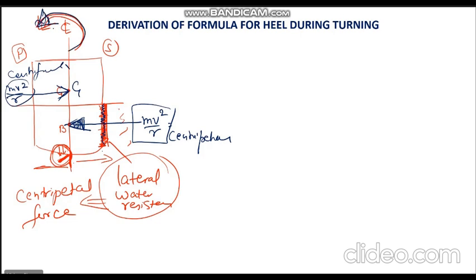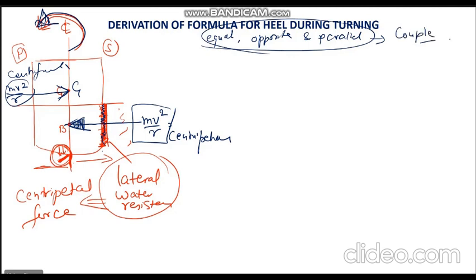Now you have two forces, centripetal and centrifugal. Both are equal, parallel, and opposite. So what do they form? They form a couple. What does the moment of the couple do?